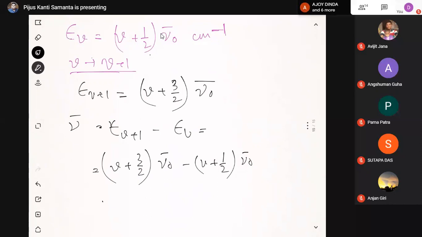So whatever the transition, all transitions will lead to the same result, that all transitions will have only a single frequency.